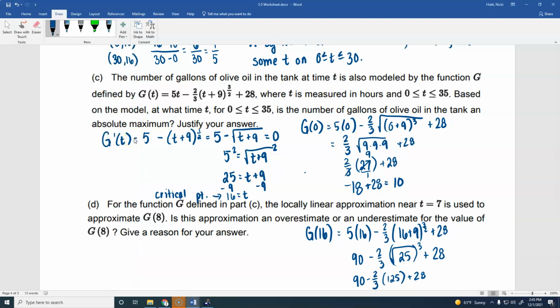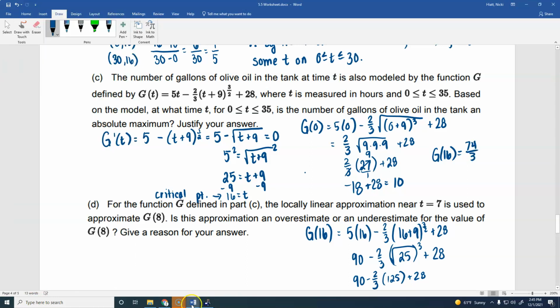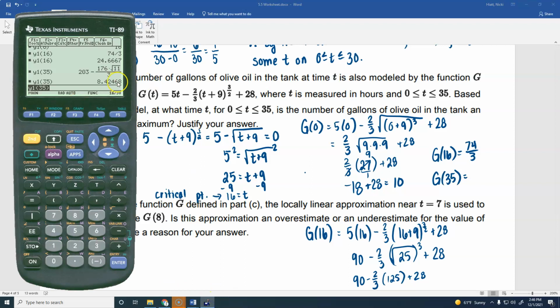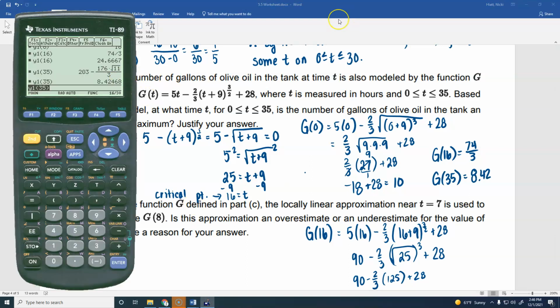So we would just say G of 16 is 74 over 3, and we'd say G of 35. So if this is calculator active, you do not have to show that you did this. 8.42.